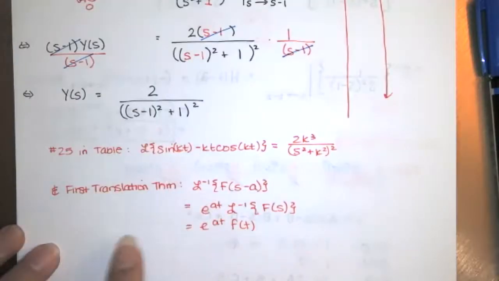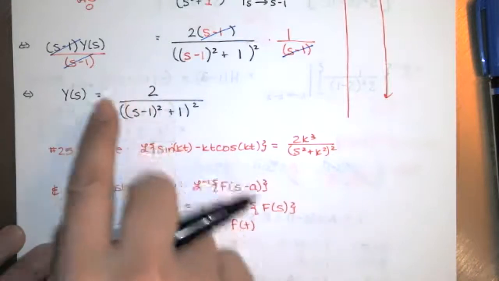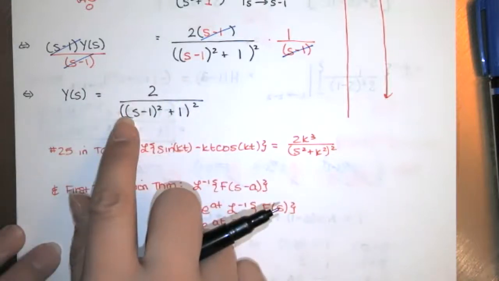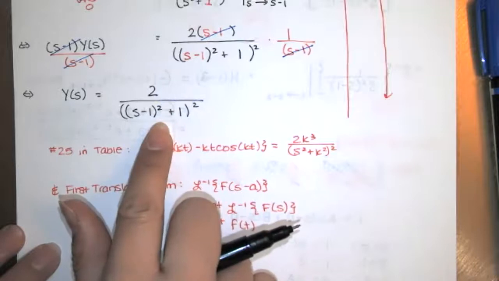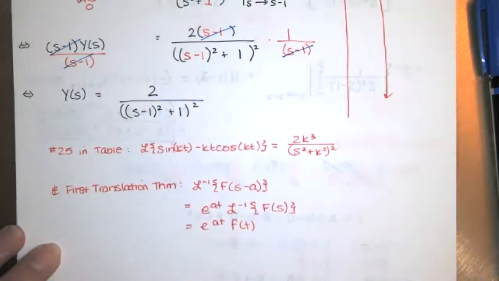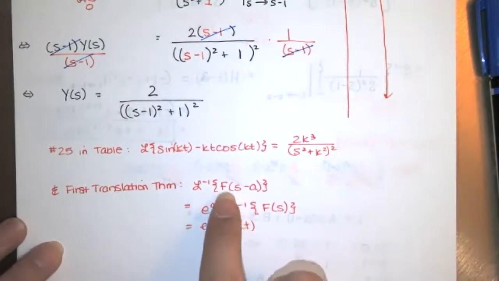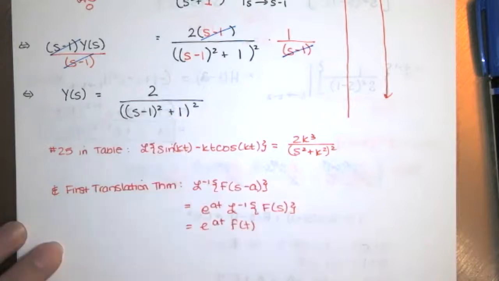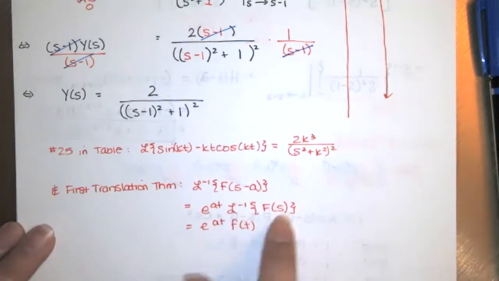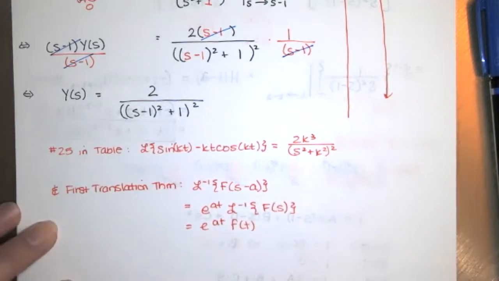Okay, so we've got this theorem, which kind of matches this pattern. Actually, I think it exactly matches that pattern with k equals 1, except that s has been replaced by s minus 1. So that tells me that when I take the inverse transform of this, I'm going to use my first translation theorem, but backwards. If I'm taking the inverse transform of a function of s minus a, and that's exactly what we're doing here, it turns out to be e to the at times the inverse transform of F(s), and the inverse transform of F(s) is f(t).